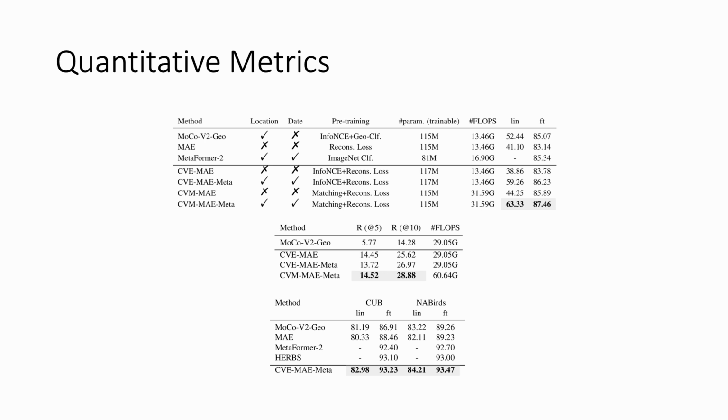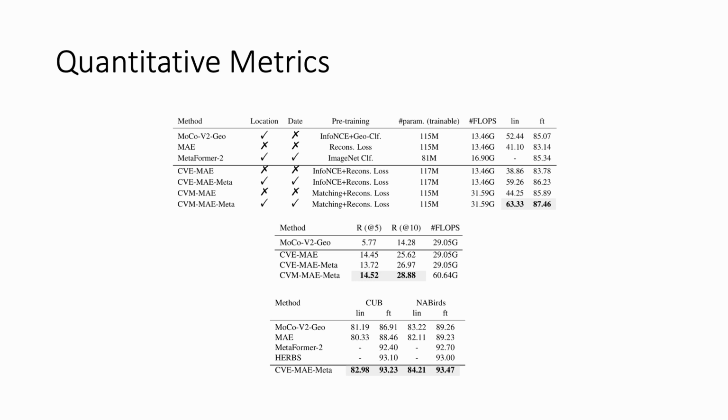We show some quantitative metrics that were used in our paper. The first table shows the performance of various models on fine-grained image classification on the iNaturalist 2021 dataset. As can be seen, our models outperform the state-of-the-art in both linear probing and fine-tuning. Next, we show some cross-modal retrieval metrics, which are satellite to bird image retrieval metrics.